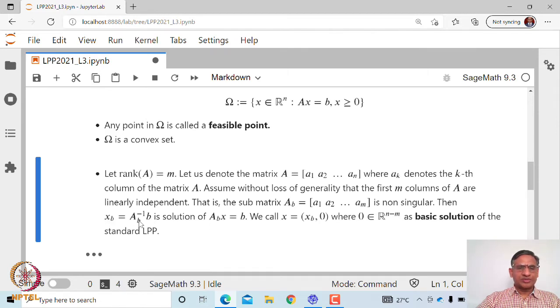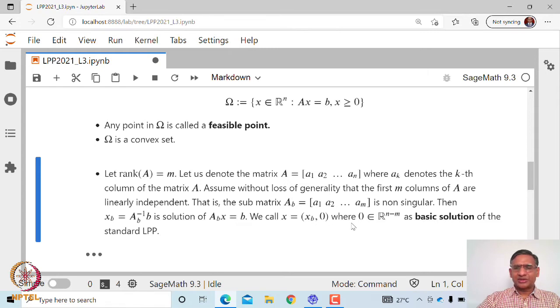Now this xB is nothing but a solution of AB times x equal to b. Now xB has m components. So if you write the remaining n minus m components as 0, then this x will be x1, x2, ..., xm, comma 0, 0, 0.